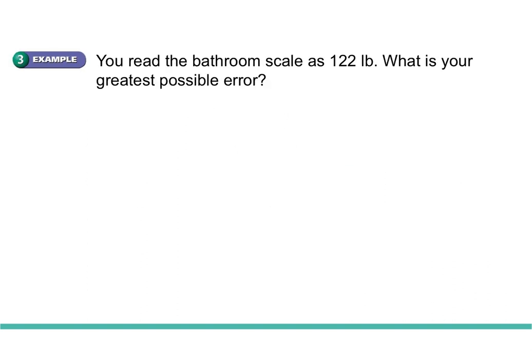Example 3, we're reading a bathroom scale as 122 pounds. What is the greatest possible error? Okay, so if we're thinking of a scale, let's kind of draw ourselves a little bathroom scale here.